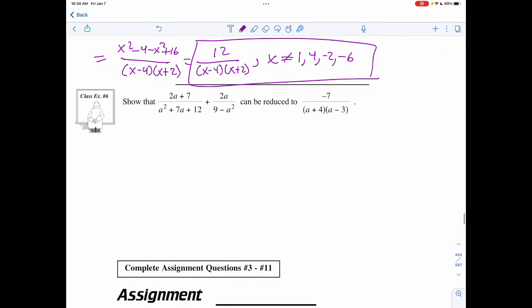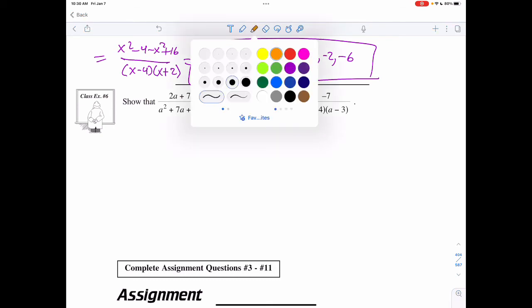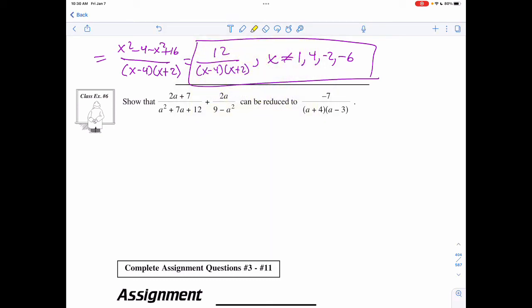All right, last but not least, it wants us to show that this expression can be reduced down to this expression. So let's do it. The first thing, we can see this is in the wrong order right away. Let's fix that.